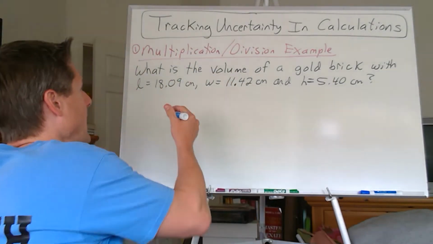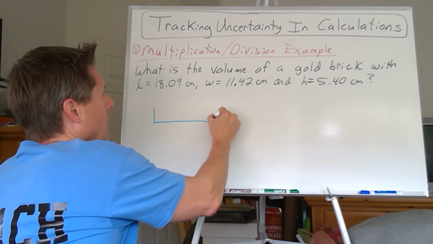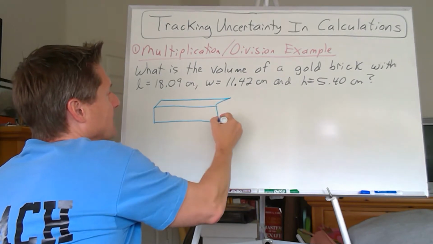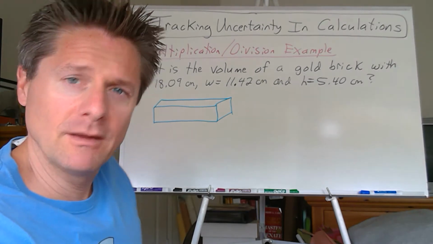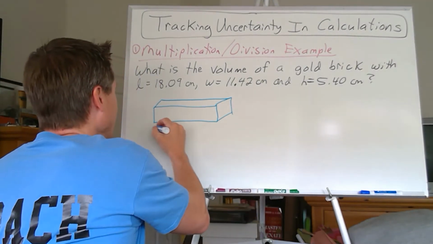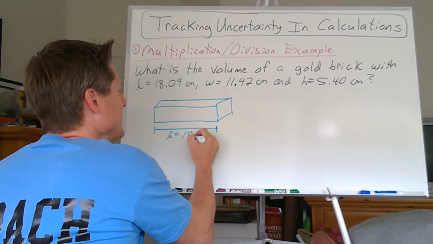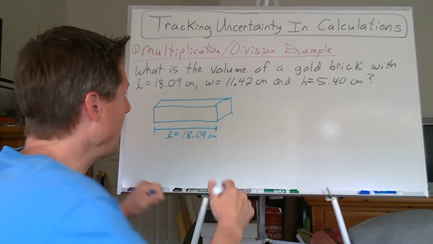So we could draw that if you want to. So here's probably not a real high brick, right? Pretty long. My Pictionary skills aren't that stellar. Imagine that's a perfect brick. All right, so we know that the length is 18.09 centimeters, right? Measure that out.